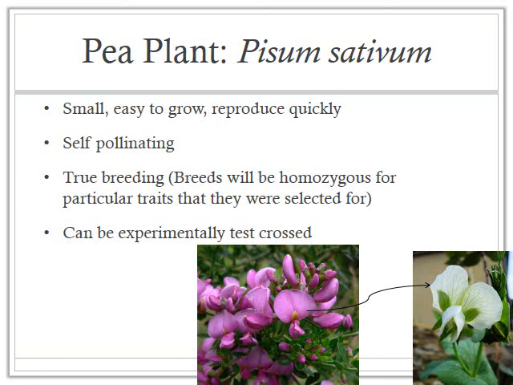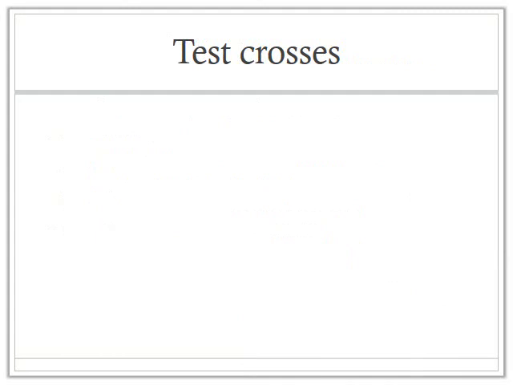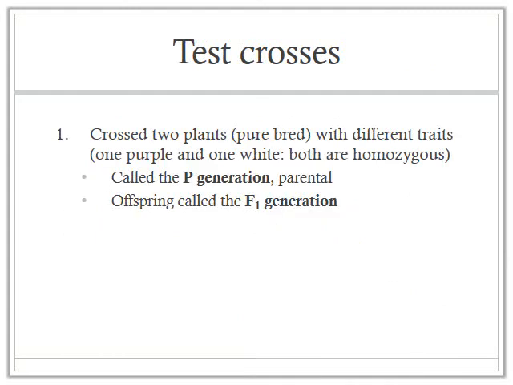So then he would take these different breeds and he would experimentally test cross them. So test crosses. Basically, in order to figure out information about these alleles, which one is dominant, which one is recessive, you need to do these test crosses to figure out which ones are going to show up and which ones are not going to show up, and then you run the numbers.